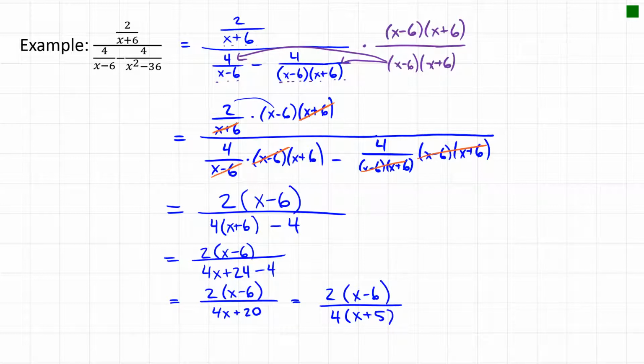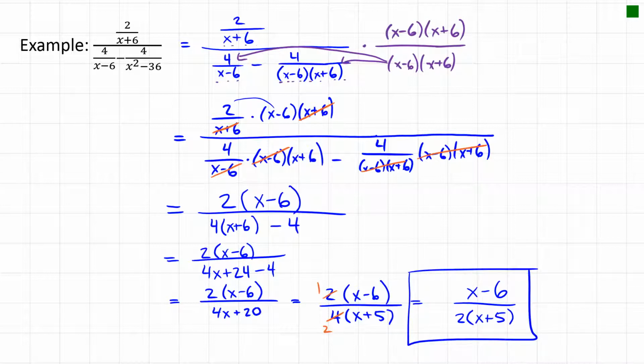And a little bit of canceling happens. The 2 and the 4 cancel out a bit. So I get x minus 6 over 2 times x plus 5. So wasn't that a lot easier than combining those denominators together and then flipping and multiplying? I think that this just ends up saving a ton of time.